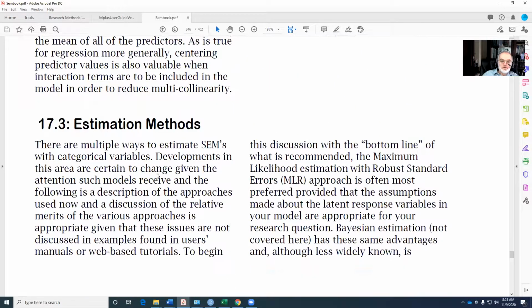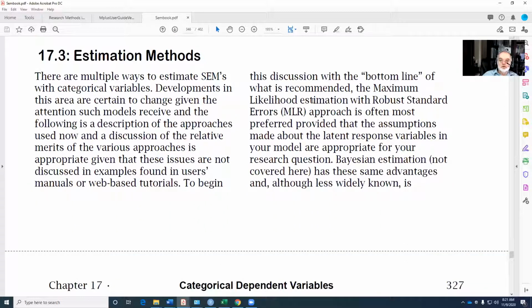Now, the other thing to talk about with categorical data is that there are lots of ways to deal with the fact that your dependent variable is categorical. Lavaan, Mplus, and other software packages will make defaults. But depending on how big of a data set you have, depending on whether missing data is an issue, and depending on your computer resources, there are different ways to do this.